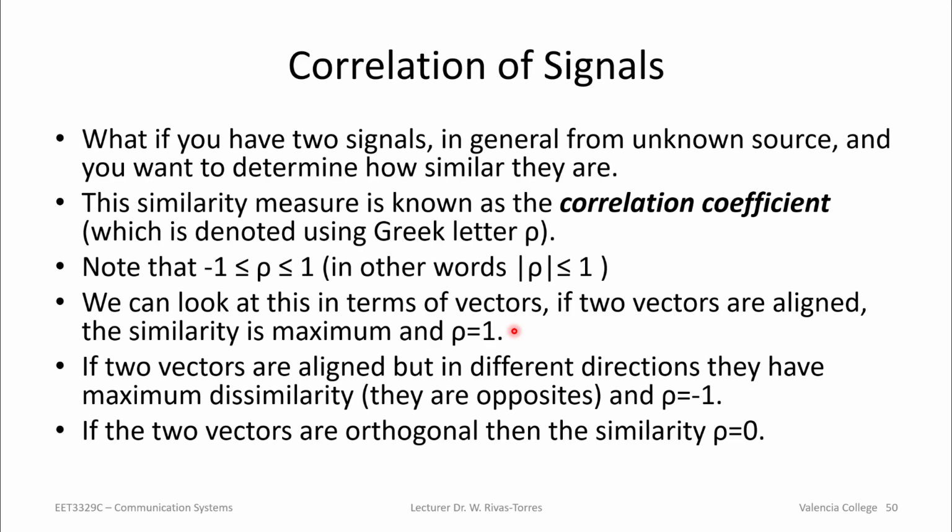Now, if the two vectors are orthogonal, that means they're not coupled in any way. Now, our correlation factor is 0. That means there's no relationship between the two signals. If it's two vectors, they're actually 90 degrees from each other. So you cannot calculate the component of one vector along the other because it's 0, because they're orthogonal to each other.